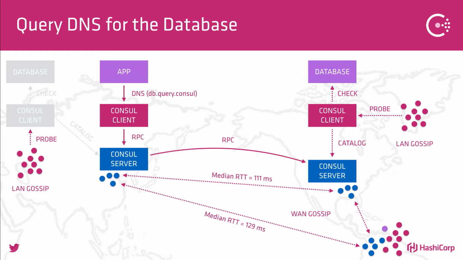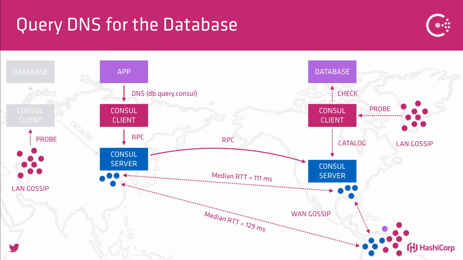The app, which experienced its connection getting reset, does another database query for db.query.consul. Same thing, they talk to their client. But because we defined that prepared query, it's going to look locally and see that it's not there. It knows that the median round trip time to the upper cluster is 111 milliseconds.